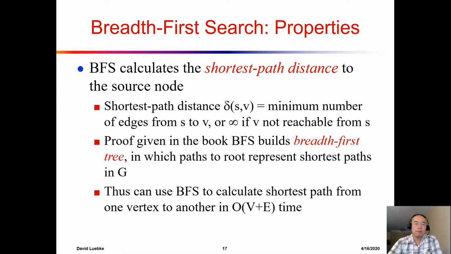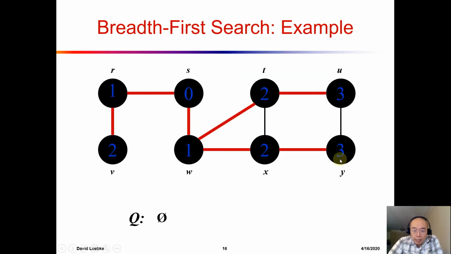For example, for Y, there is a 3 here. This means from Y, if we want to go back to the root, we have to follow the red paths. Y to X, one hop, X to W, another hop, and then W to S, another hop. So there are a total of 3 hops from Y to S, and that is the guaranteed shortest path.